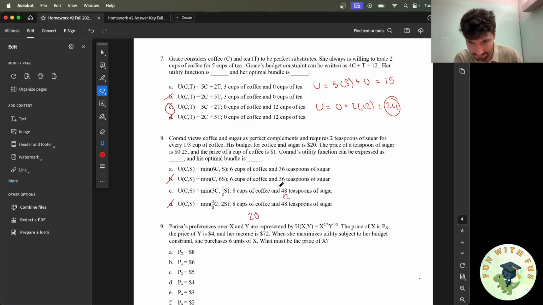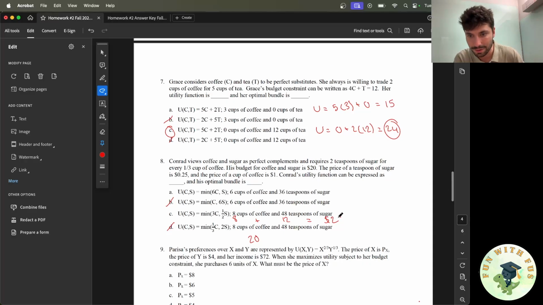So that cost $12 because each one was 25 cents, and a cup of coffee is $1, so this is $8. When you add those together, you get 20 bucks spent. And if you do that with this one, you get 6 plus, what is that? 36 divided by 4 is 9.